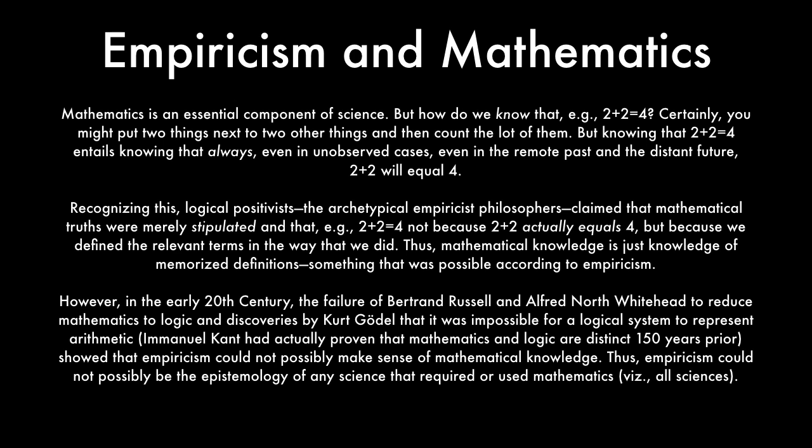These things showed that empiricism could not possibly make sense of mathematical knowledge. Thus, empiricism could not possibly be the epistemology of any science that required or used mathematics, namely all science.